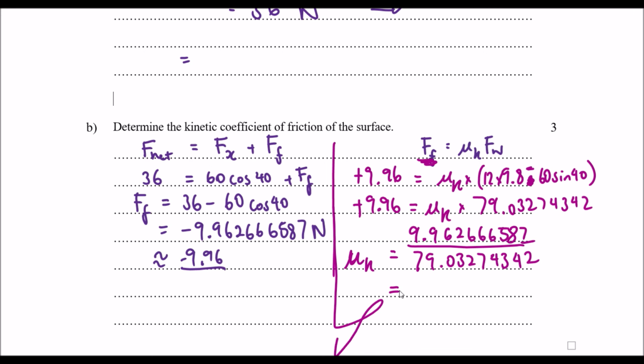Wouldn't really change the number overall, but let's have a look at what we get. So our kinetic coefficient of friction is the following value here. And if we round off to 3 sig figs, it'd be 0.126. And that's how you solve the problem there.